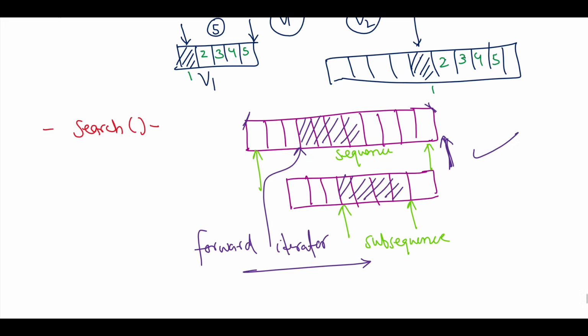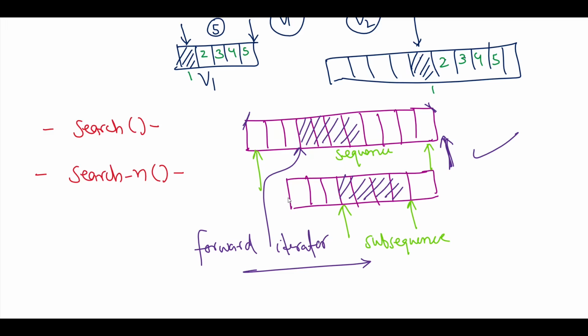Clear? Similarly, there is another function which is search_n. So it's a minor difference here. This is going to search a sequence of elements, looking for a subsequence in which the specified number of elements have a particular value.